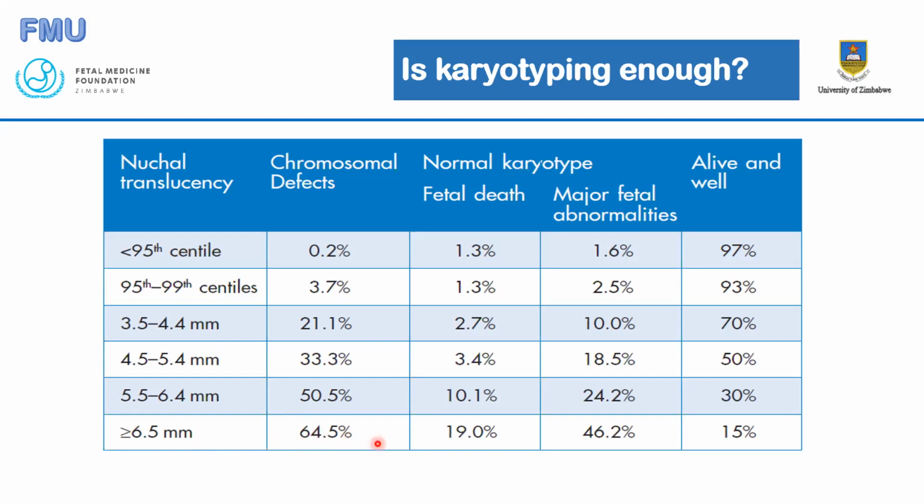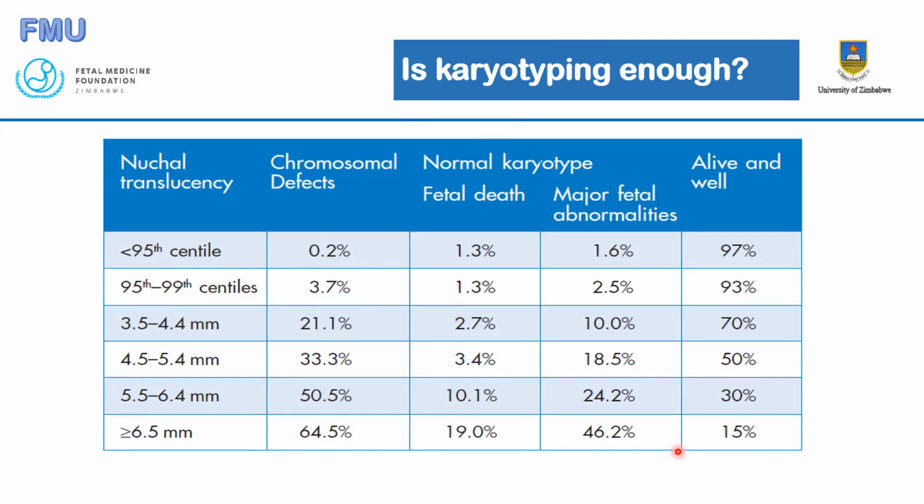So if we take a baby who has surely an abnormal nuchal translucency of 6.5, which is way, way above the 99th centile, you would only find chromosomal defects when you do the conventional karyotype in about 64.5%. So that means the other babies, which are 35.5%, will be reported as having a normal karyotype.